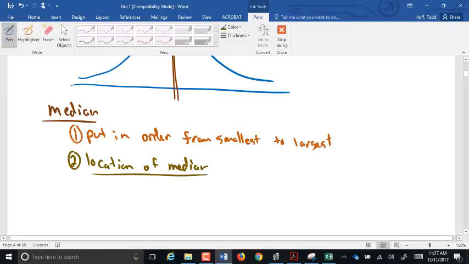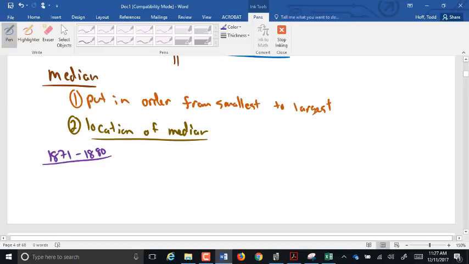And there's a couple of different ways we can find that location. So let me first take our list. We are back to that 1871 through 1880 list. And let's put those in order from smallest to largest.